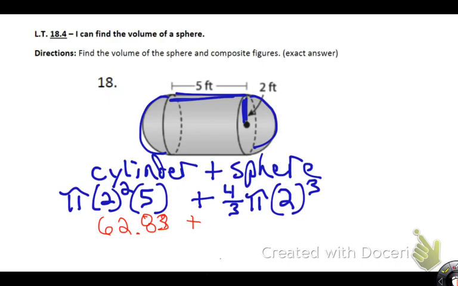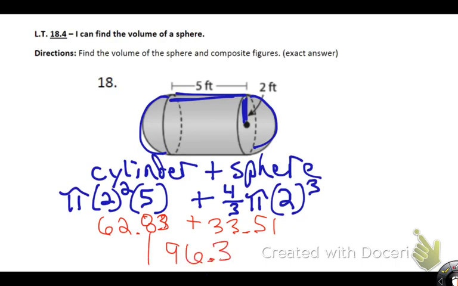And then on the other part, I've got 4 divided by 3 times pi times 2 cubed. This one I get 33.51. I'm going to add that with the 62.83 about.